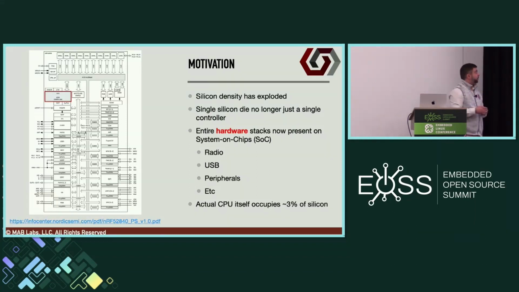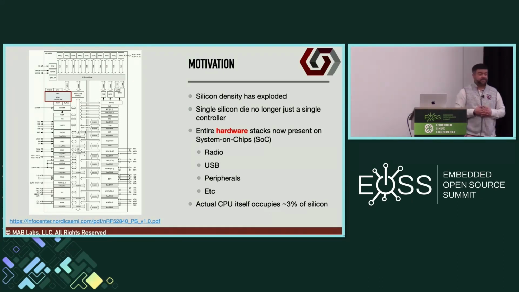But recently, as we all know, silicon density has exploded substantially. So you don't have a single CPU or a single controller on the silicon itself. You actually have a lot more hardware stacked on an SoC.